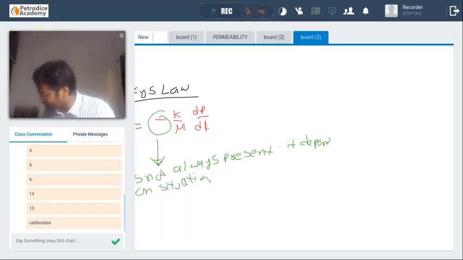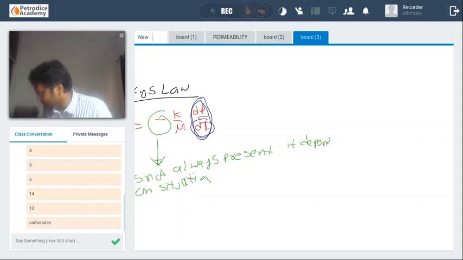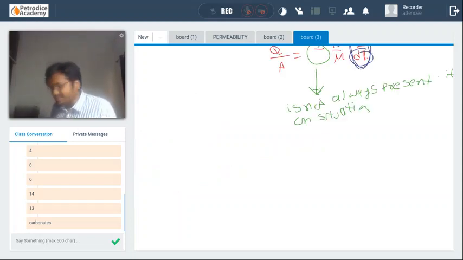Basically, dP by dl: if the pressure increases as the length increases, we don't have to place the negative sign here. But in the majority of cases, as the length increases, the pressure decreases. This dP by dl is related to the reference point.